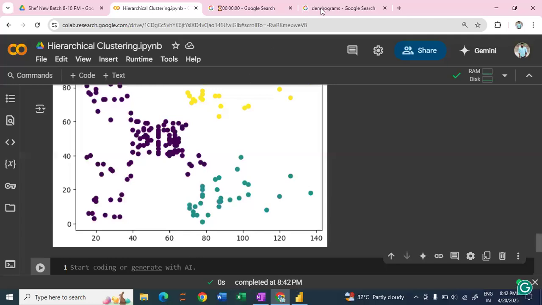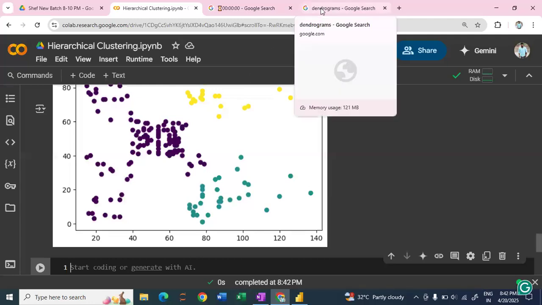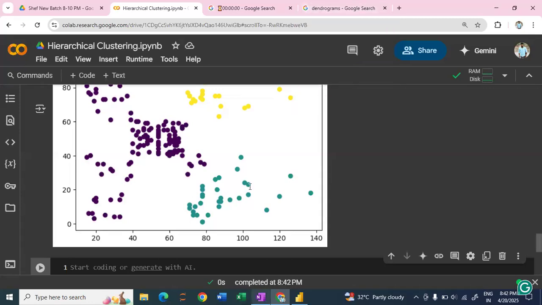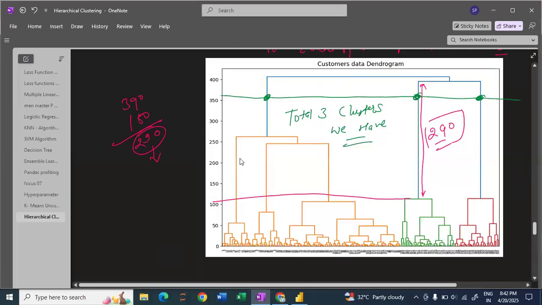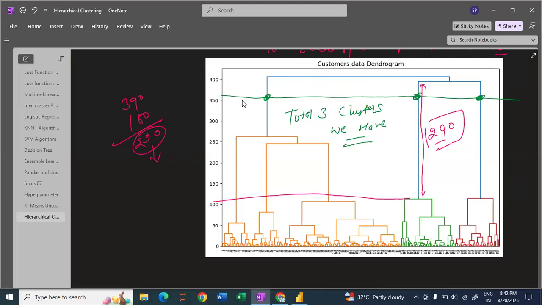If I go and check and apply some 5 in this, give me a minute. And if we cut the dendrogram, which is the second longest vertical line here?